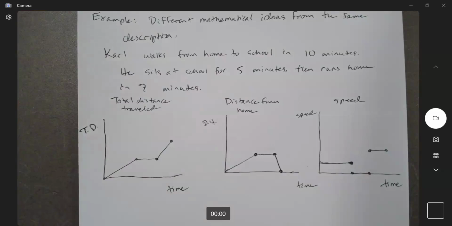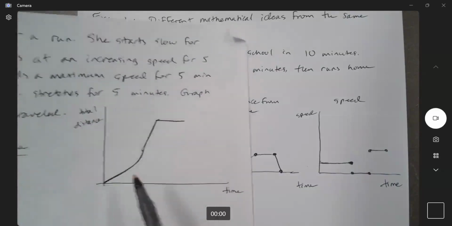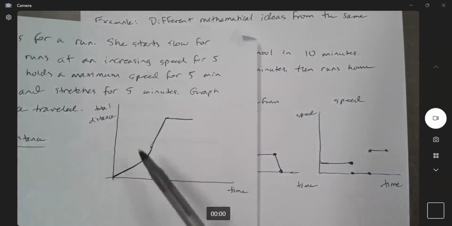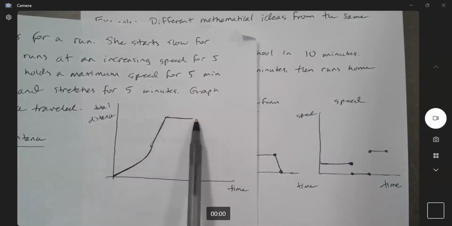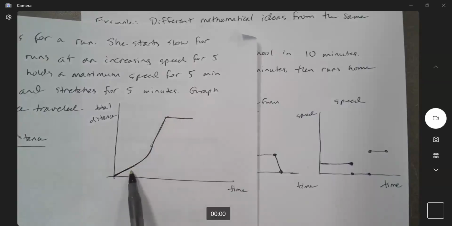So in my mind, the 2 biggest challenges in this section with these qualitative graphs are, one, understanding the difference between traveling at a constant speed, or maybe at an increasing speed, or maybe not moving at all, and how those look different.